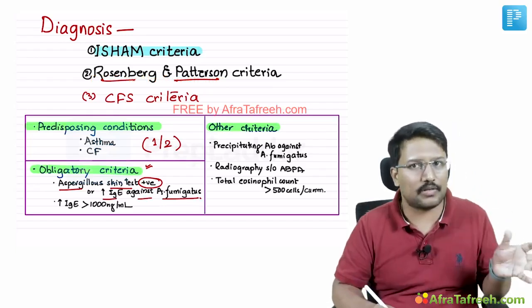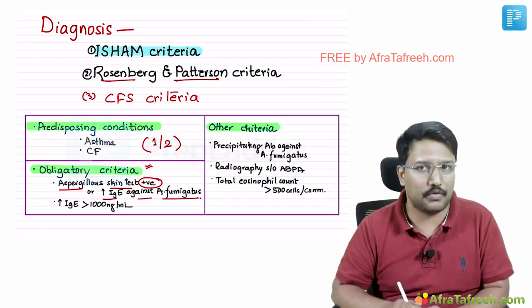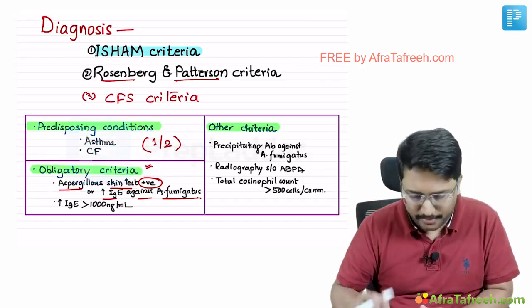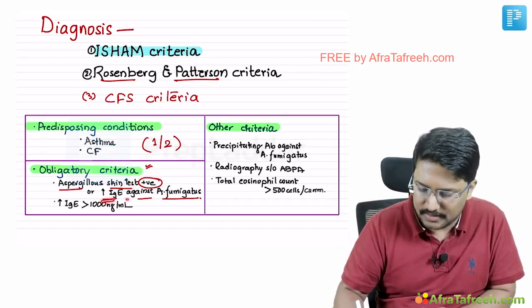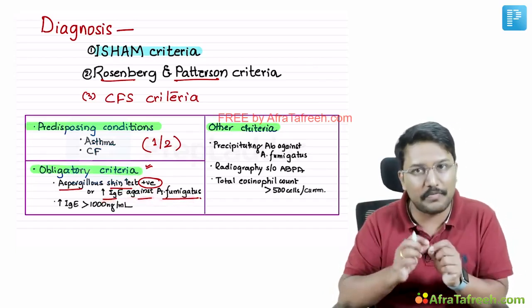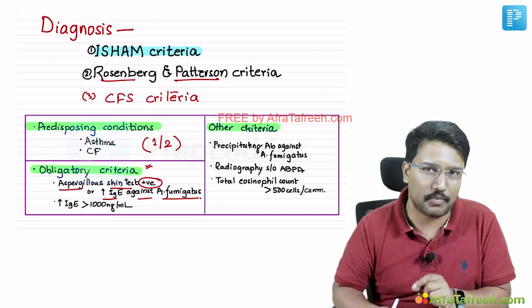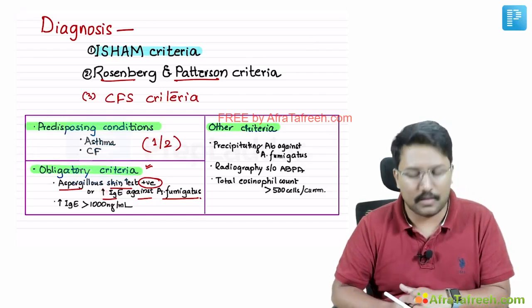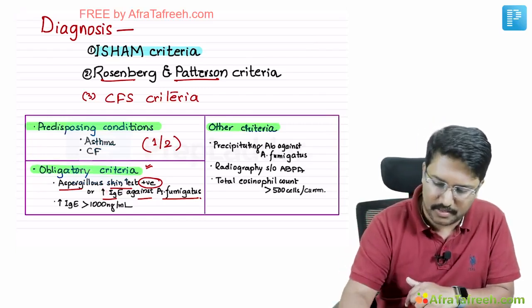So please note, because the question that we have already taken might be quite confusing now. Aspergillus skin test should be positive, or if you're not looking at that, the IgE levels specifically targeted against aspergillus fumigatus, not the total IgE levels, should be elevated. That's obligatory criteria number 1.